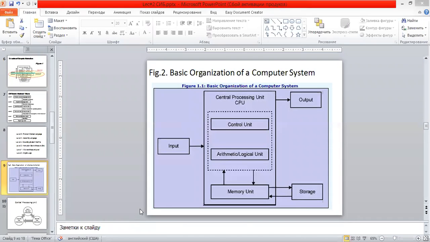This figure displays all the functional units of a computer which carry out the basic computer operations. The lines in the figure indicate the flow of instructions and data, while the control unit and the arithmetic logical unit together direct the flow of control.